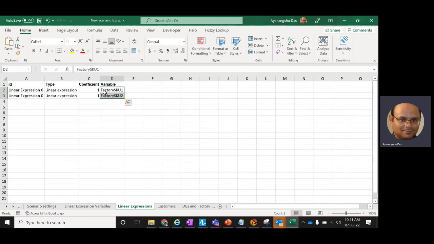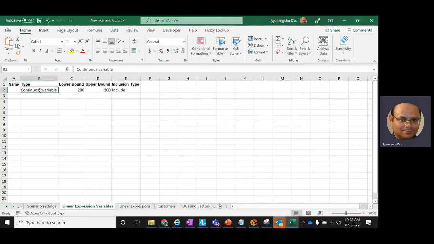And then we say that these two values are added, because linear expression 0 is representing both these rows in the production table. So what linear expression essentially says is that the lower bound and upper bound for that particular linear expression is 200.